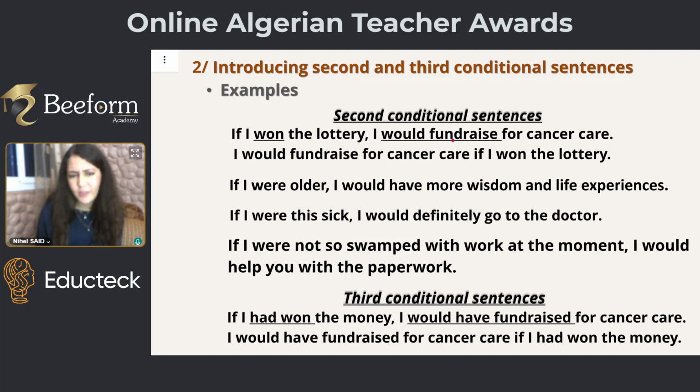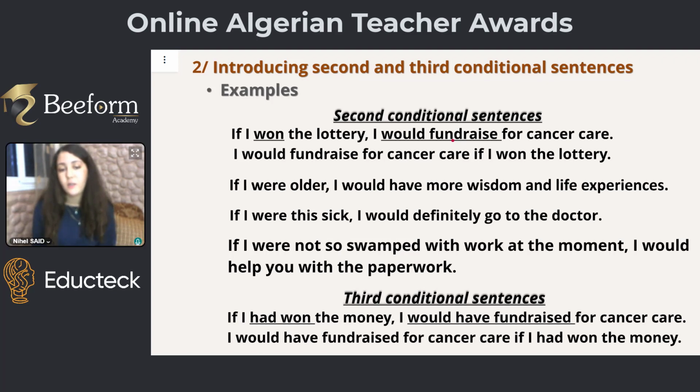All right, the third use is introduced by this example. If I were this sick, I would definitely go to the doctor. So here I'm trying to look at someone else's situation, but while talking about myself, right?